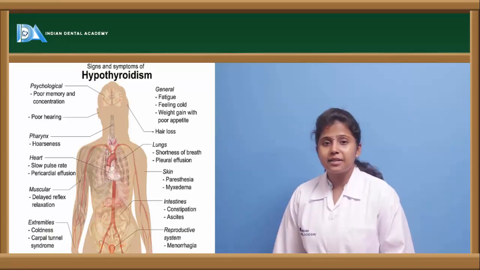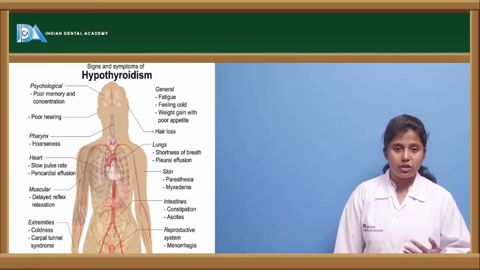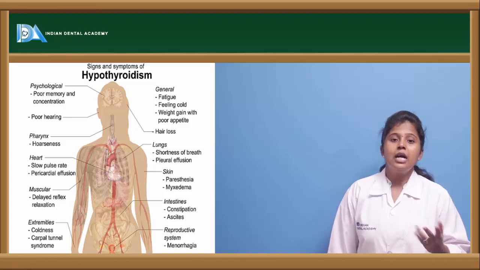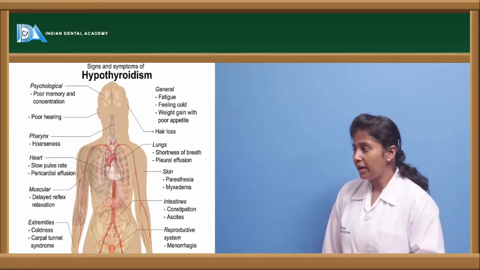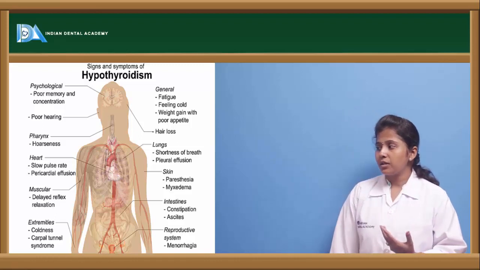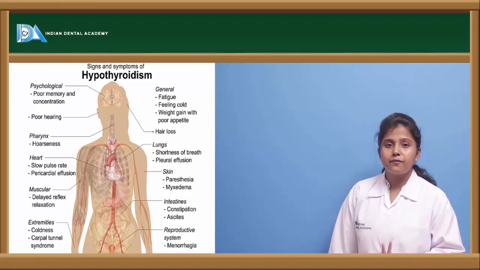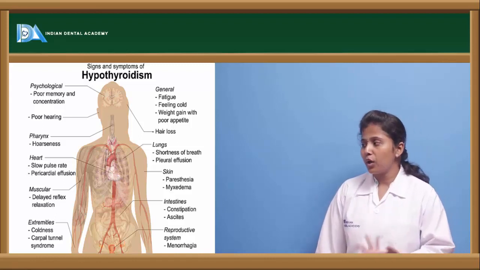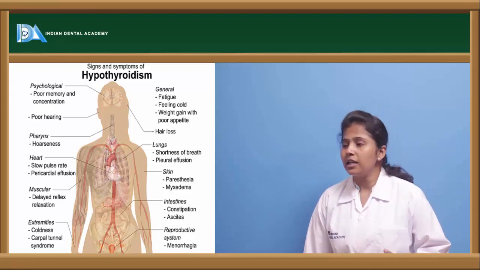Here are the signs and symptoms of hypothyroidism. It causes poor memory and concentration. There will be psychological changes. The person will have low memory power, and there will be hoarseness in the pharynx. There will be some sort of inflammation in the pharynx. There will be poor hearing. There will be slow pulse rate and pericardial effusion.